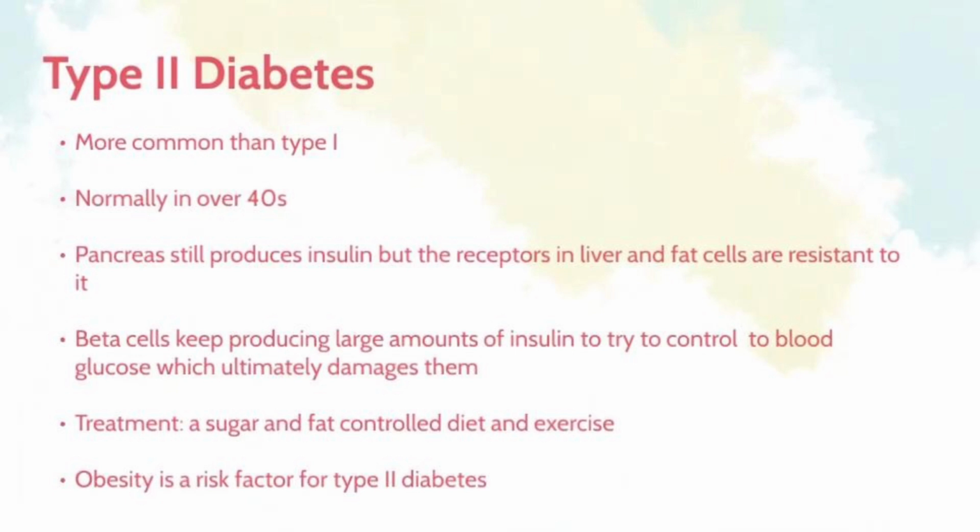For people with early stage type 2 diabetes, they can actually manage this by controlling the amount of sugar and fat they have in their diet and by exercising regularly. They need to eat foods that aren't rapidly broken down into glucose, and that should stop any really high spikes in blood sugar.